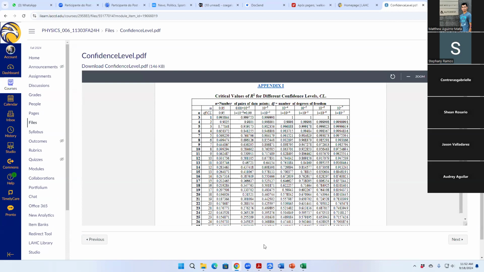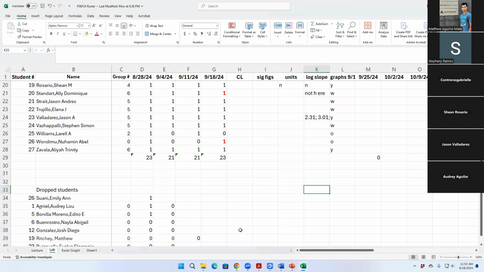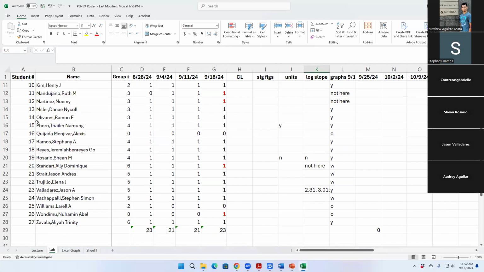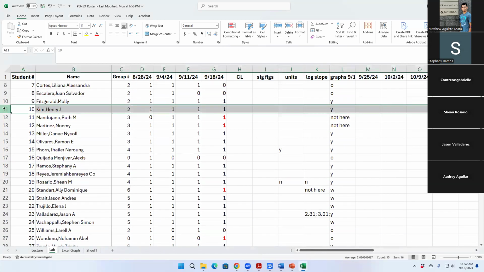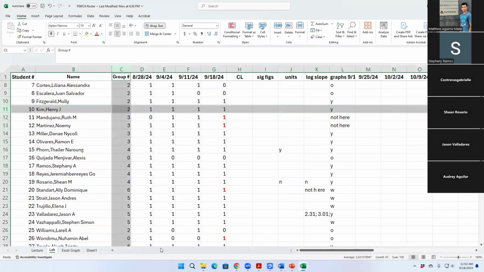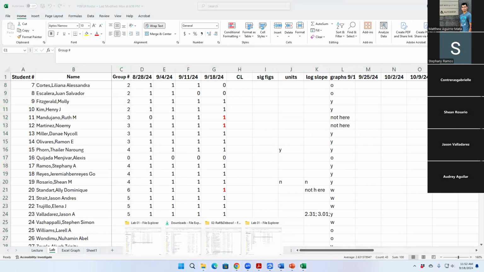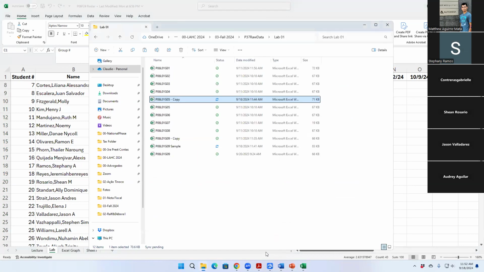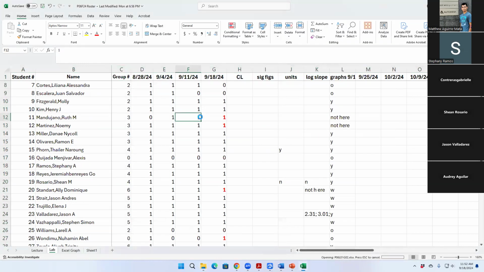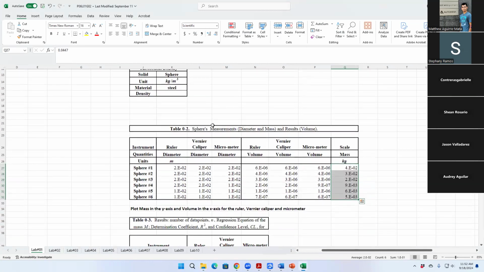So let's see your group number. I'm gonna help you with this table. Henry Kim. Your group number 2, right? Okay, so let me get your spreadsheet here. Group number 2. I'm gonna do just one graph, and then you can do the rest.